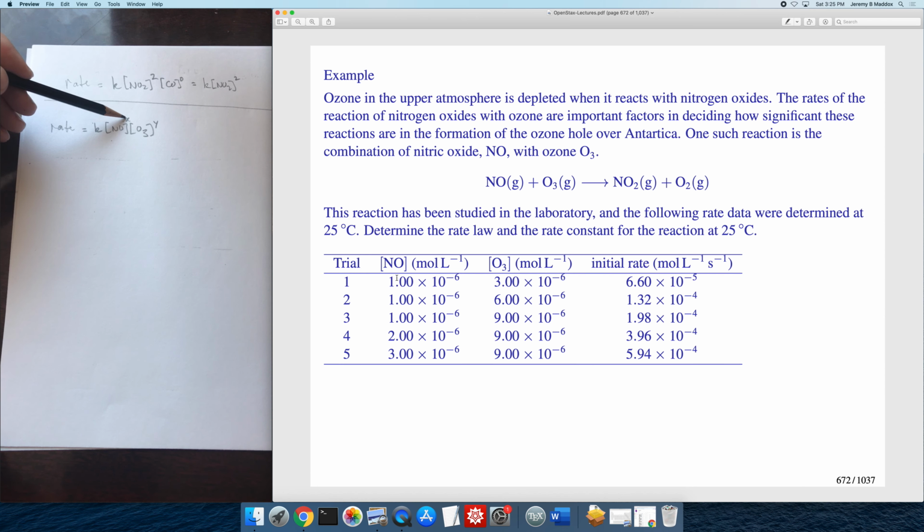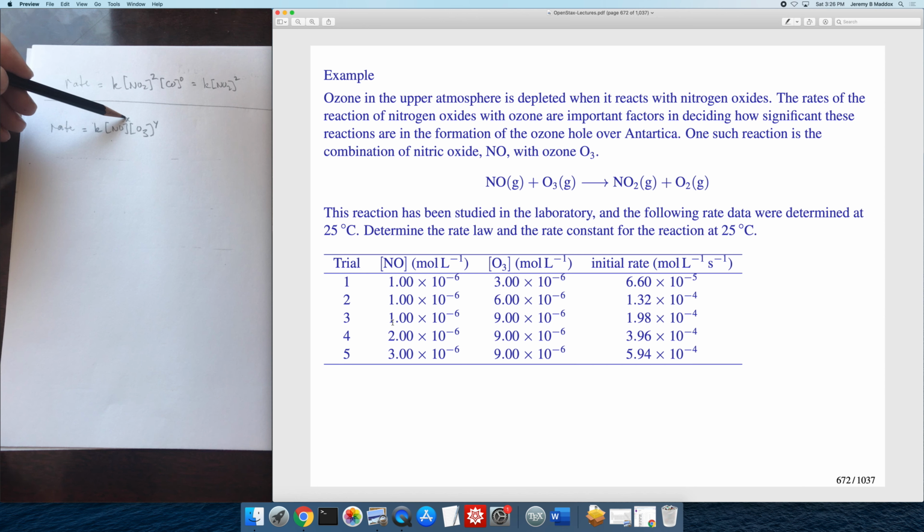We see that the nitrogen monoxide concentration is doubling. And, too bad, the ozone concentration is increasing by a factor of 3. So we wouldn't want to compare those two. What about 2 and 4? No, that wouldn't work because the concentration of the ozone is increasing as well.